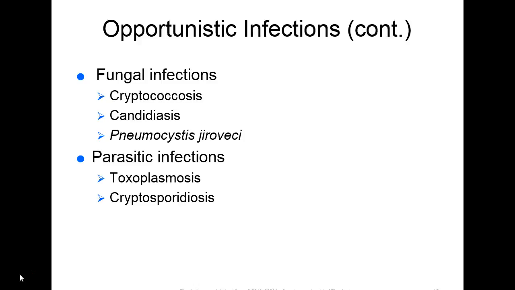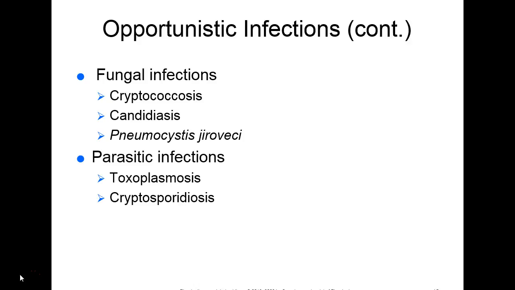The pneumocystis jirovecii is present in the environment, and when inhaled, if the CD4 count is less than 200, it can cause a life-threatening pneumonia. Other parasitic infections, toxoplasmosis is contracted from activities such as cleaning kitty litter boxes.